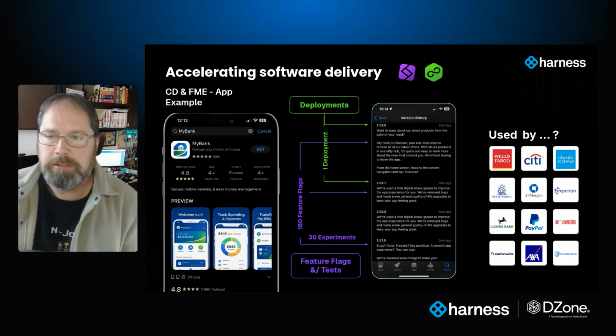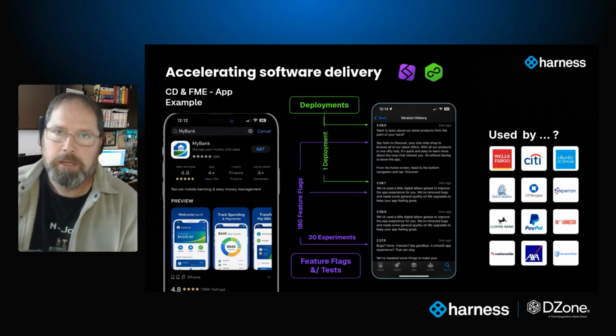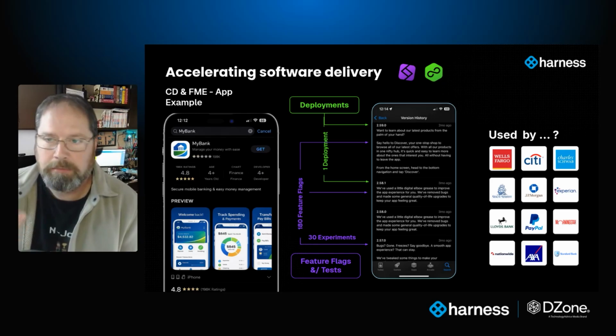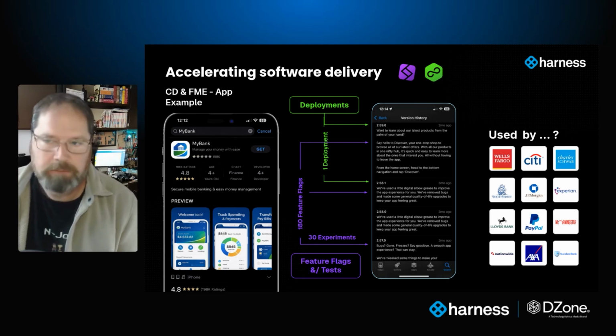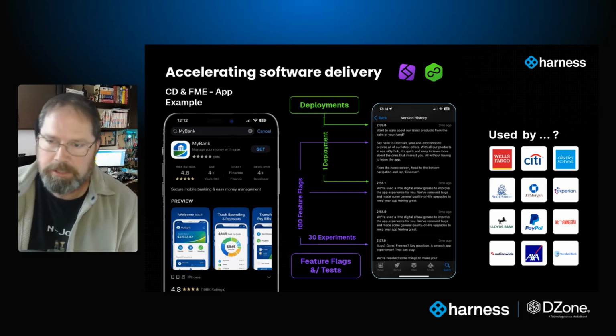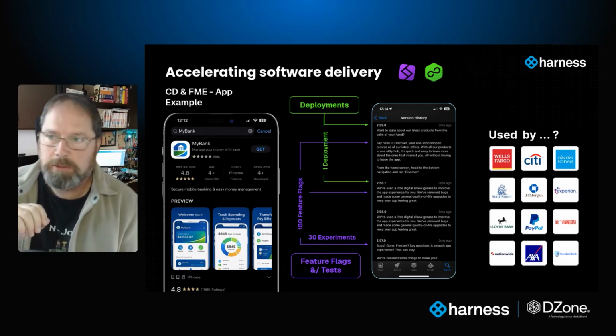By doing this, you don't have to have the user redeploy their app at any point in time. These features are all there and available. They can be turned on and off, and it's all done and evaluated on the remote end. So there's very minimal performance impact to your end users by having these feature flags built into your software.